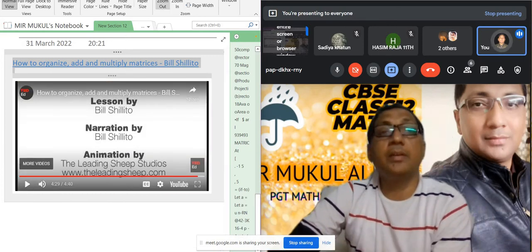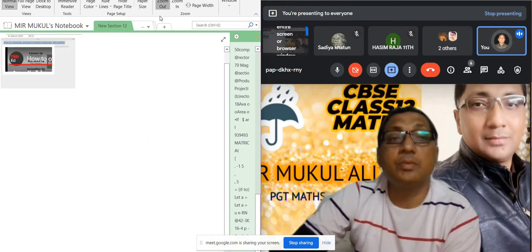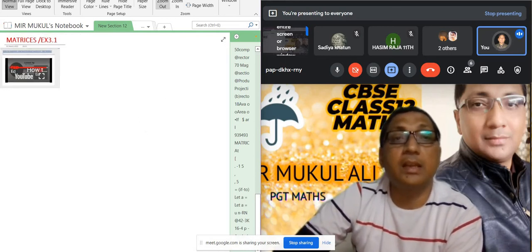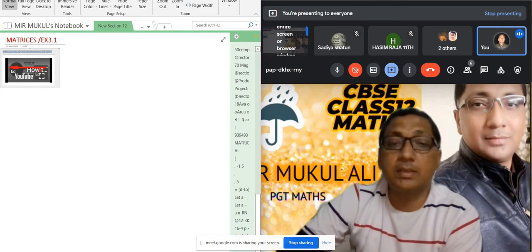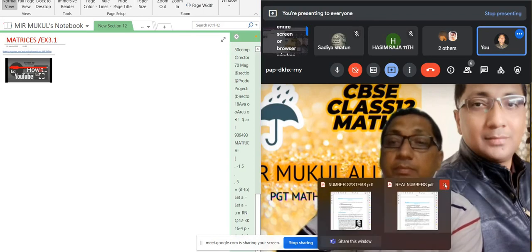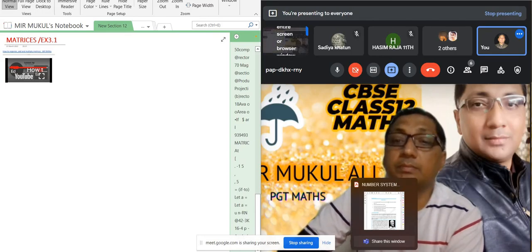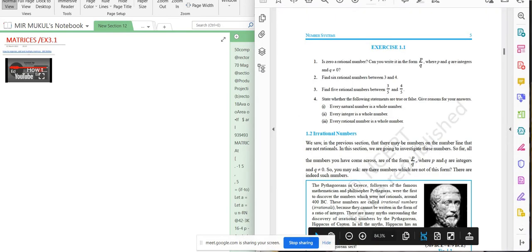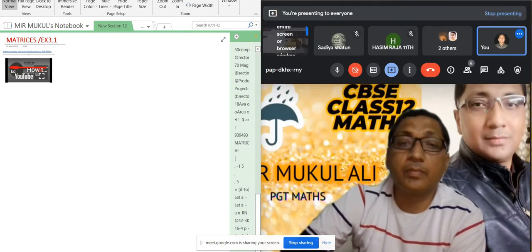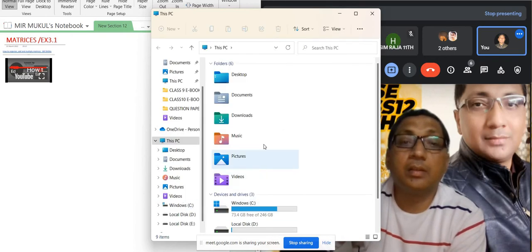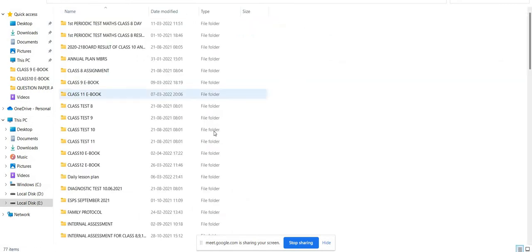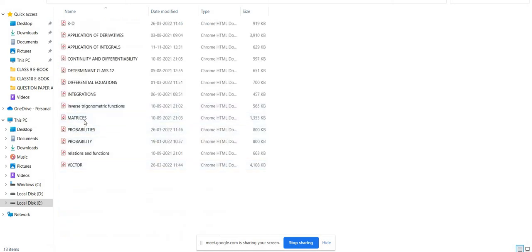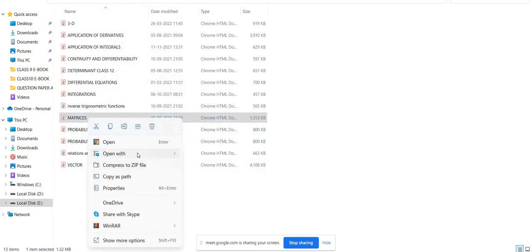Okay, so this was the little bit of concept you understood. Now one by one I am discussing, then you can understand the meaning of matrices. So now matrices will start.